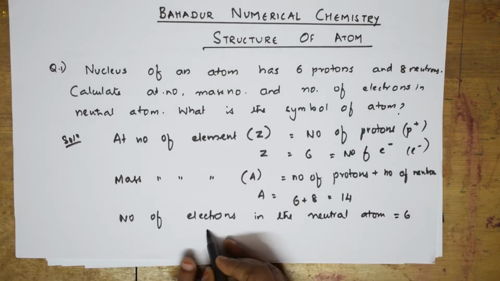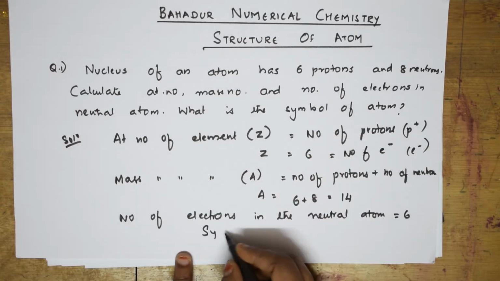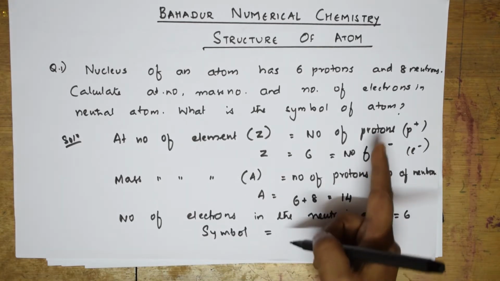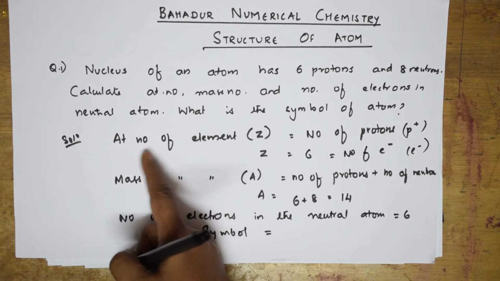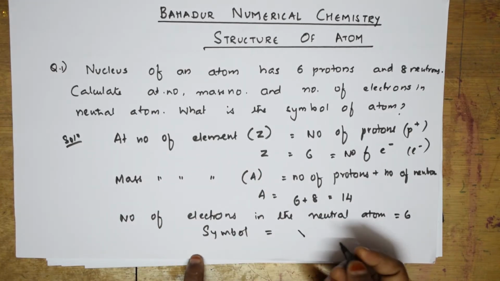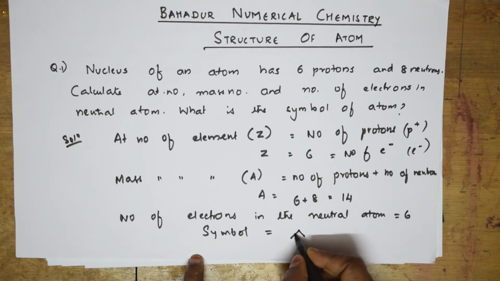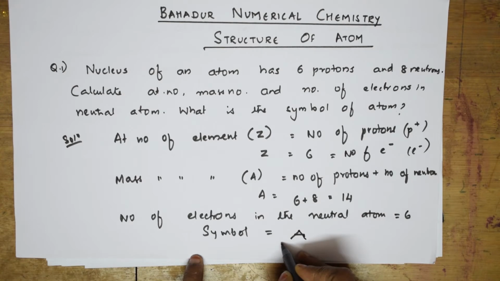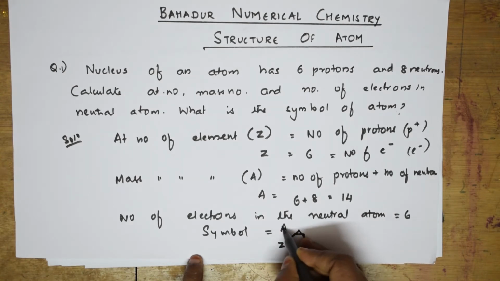Yes. Now what is the symbol of the element? I need to write the symbol of the element also. Come back to this and write the symbol. So basically the element with 6 protons, or the atomic number, how do we write it? Suppose I take an element symbol, some element A. Atomic number will be mentioned down, that is Z. The mass number will be mentioned above, isn't it?